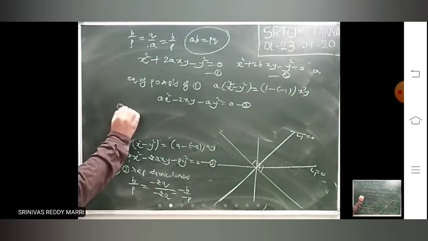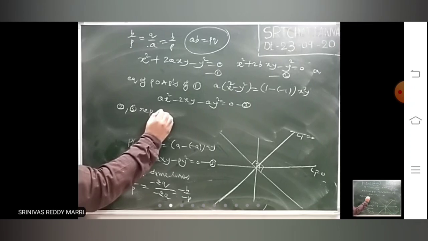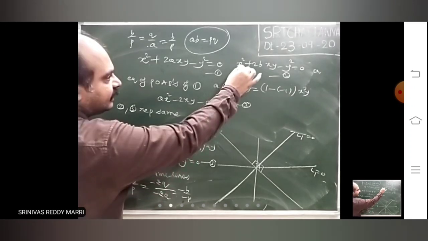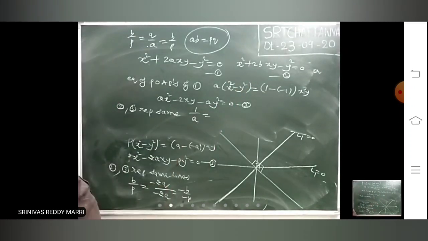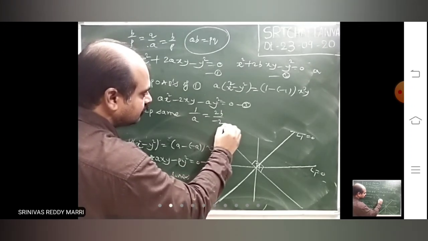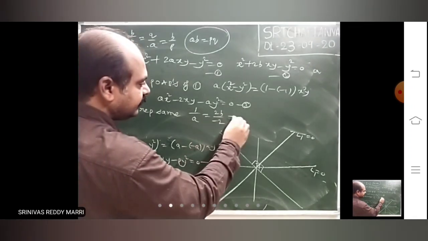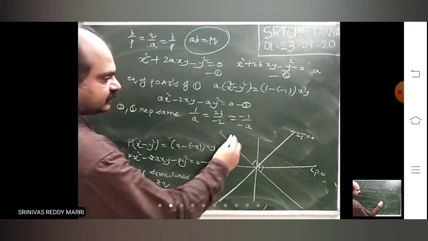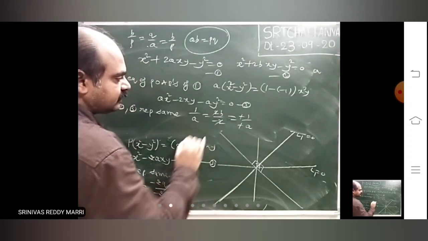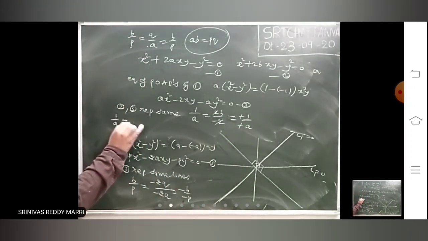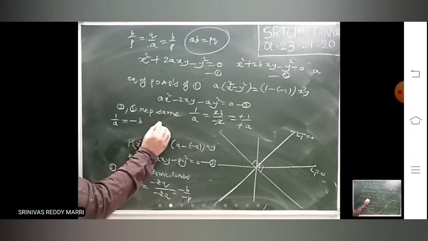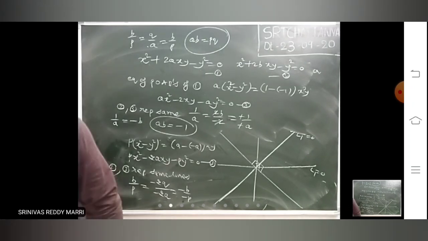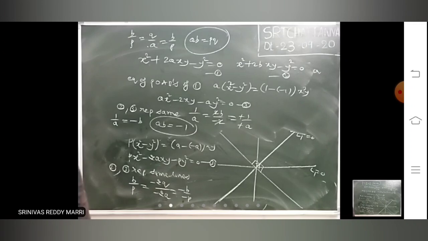So 2 and 3 represent the same lines. That means compare: 1 divided by A equals 2b divided by minus 2 equals minus A. So the 2 cancels. Now 1 by A equal to minus B. That means AB is nothing but minus 1. That is the answer.